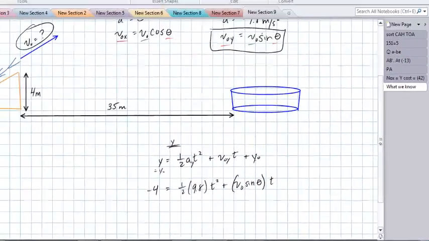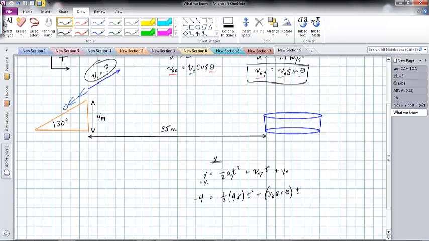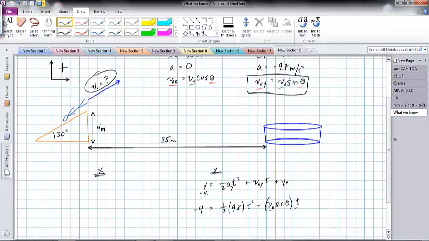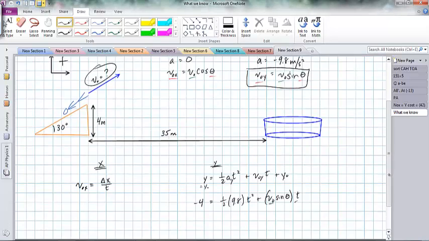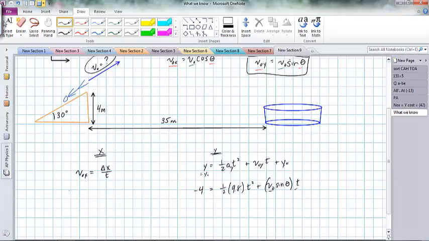Okay, so I've got an equation here, but I now have two things that I don't know. I still don't know v naught, but I also don't know how much time it took. So I'm going to come back over to the x part and come up with another equation. For x, I have no acceleration, so I can use the average velocity equation. But I'm going to do something a little bit tricky.